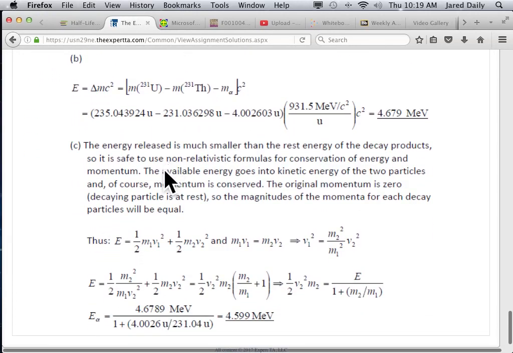So here are the energies of those two particles and the two momentums of those two particles. So you have two equations, two unknowns, and you solve them. Essentially, it's just a classical equation.